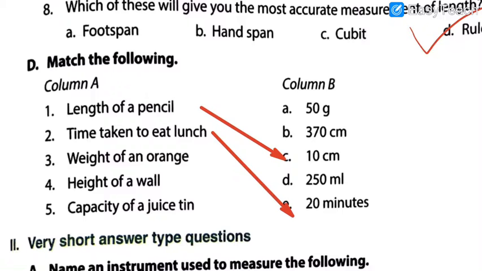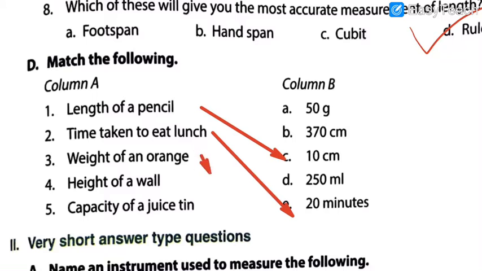Now weight of an orange. What can you say about it? Can it be in the kilogram? Weight, that means you are measuring mass. It can be either in the kilogram or in the gram. Weight of an orange, I repeat, weight of an orange. An orange, that means one orange.